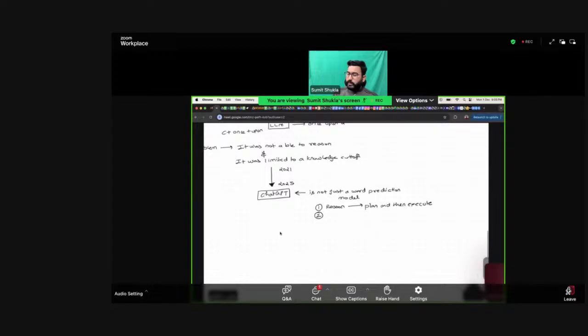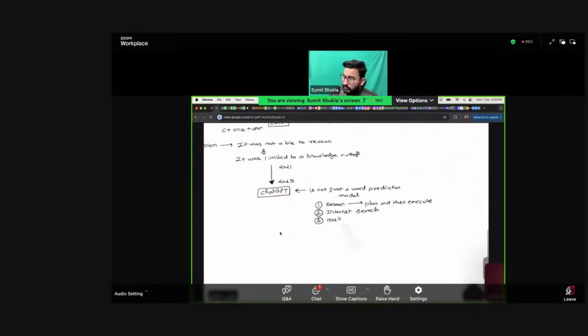Second, it was connected with the functionality of internet search. Third, it was given the power of multimodality. What is the meaning of multimodality? Multimodality basically means it can not only generate text, but can also generate images, audio, video.